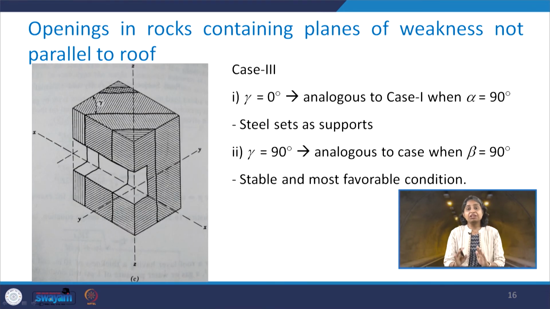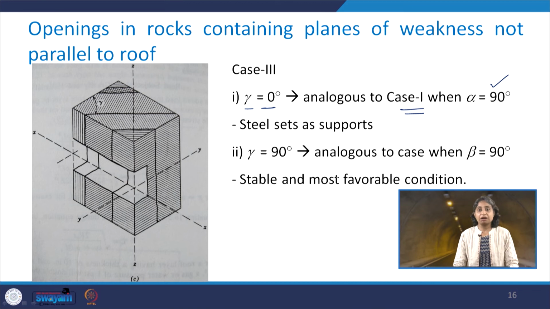In case of the third situation, as shown here, the lamination planes are nearly vertical. In that case again we have a different situation. When gamma is equal to 0 degree, this is analogous to case 1 when alpha is equal to 90 degree, and in this case steel sets are provided as the support system.